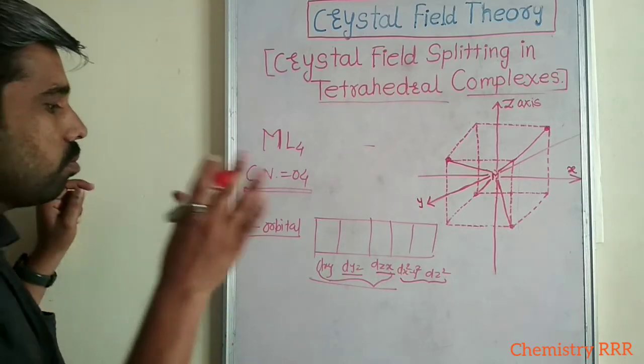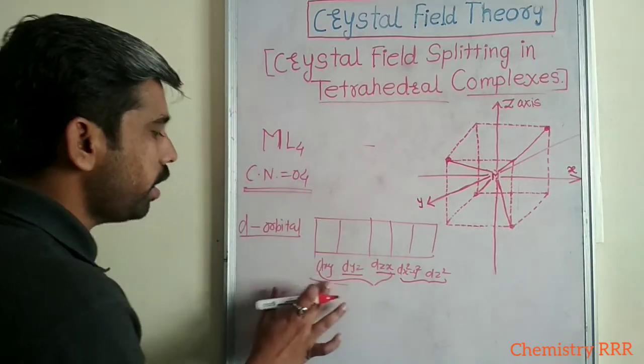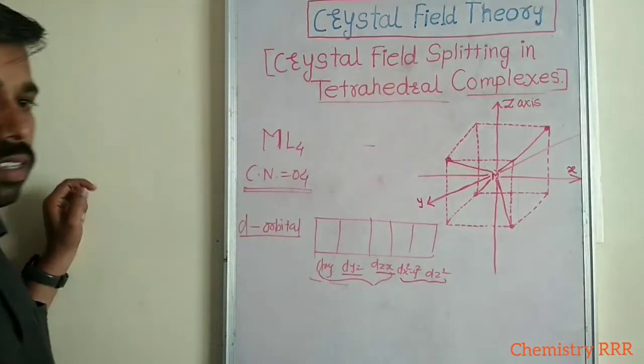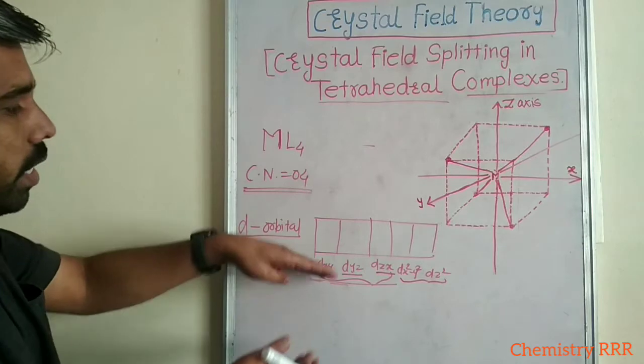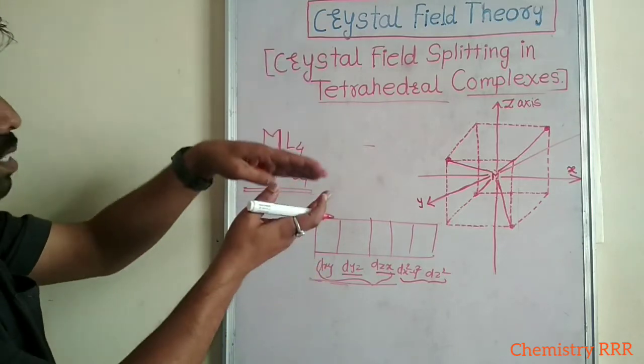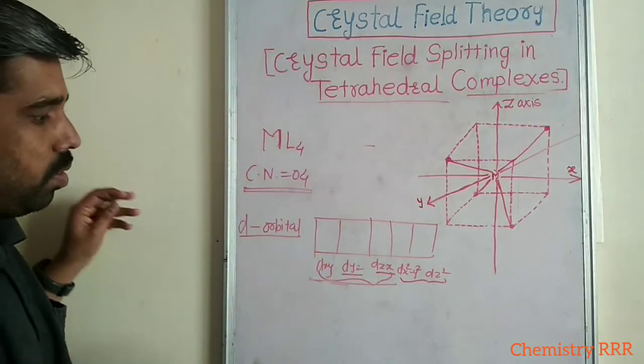So in the case of the tetrahedral complex, the energy of these 3 orbitals rises, that is there is a splitting in the energy.